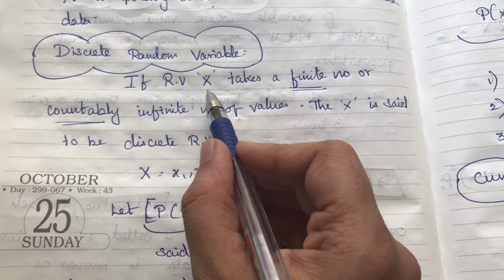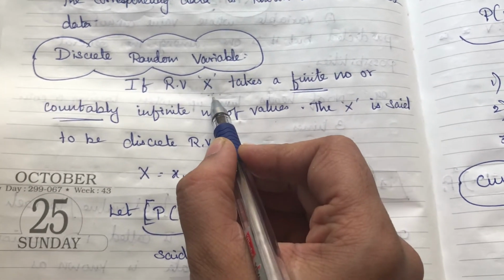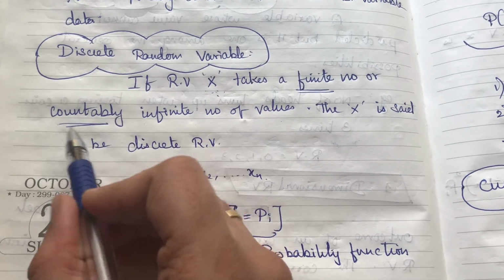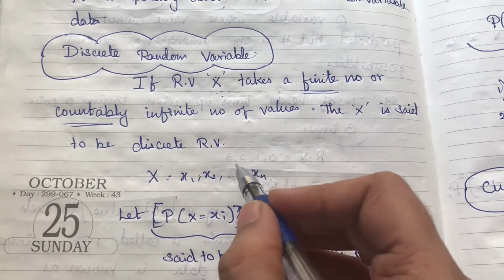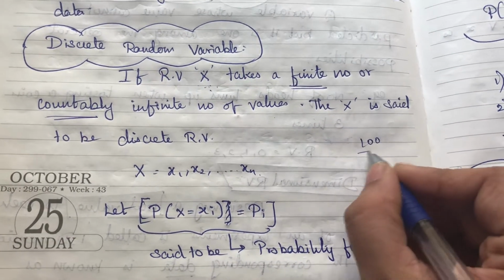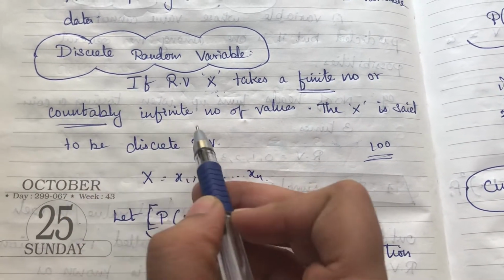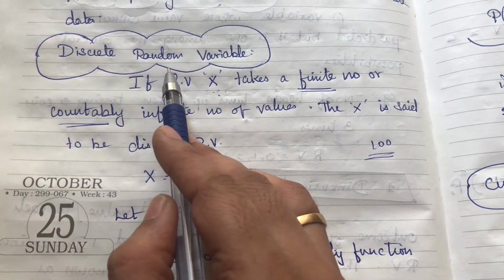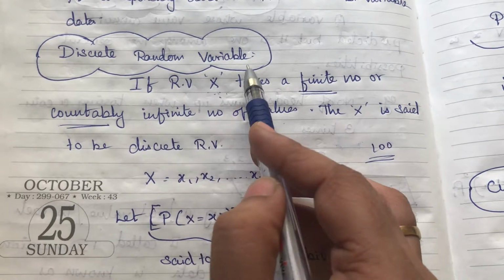Actually x here has numbers which are countable, or else we can say countable but infinite. For example, counting up to 100 is a finite count, but countably infinite means you can keep counting without end. So x is said to be a discrete random variable. It is a countable random variable.